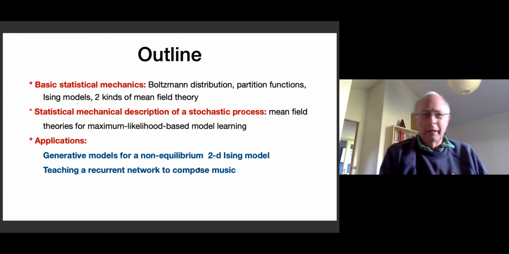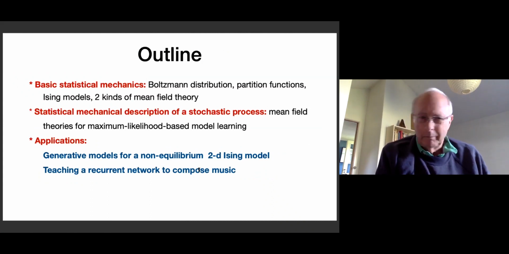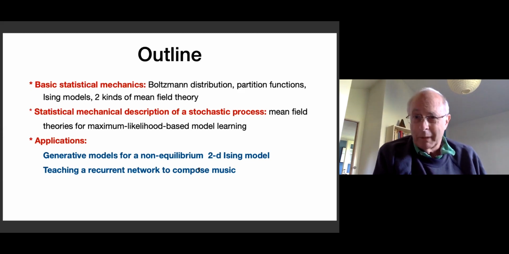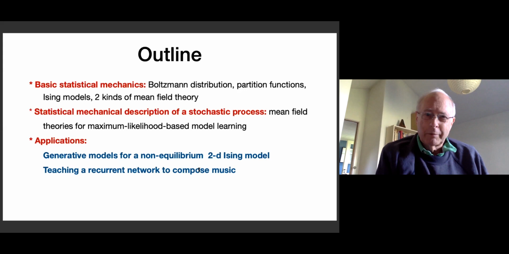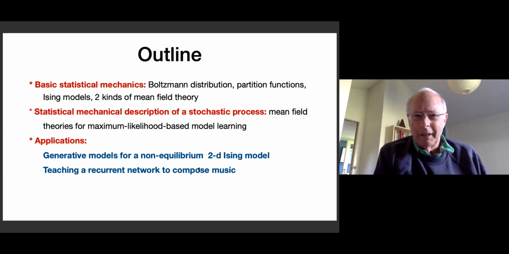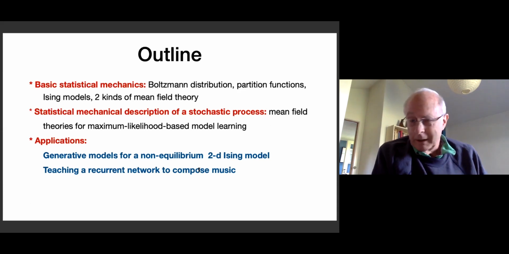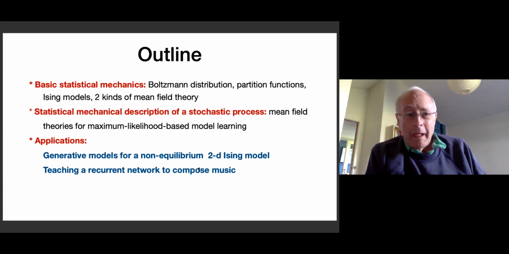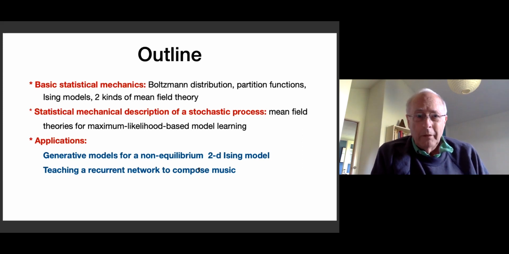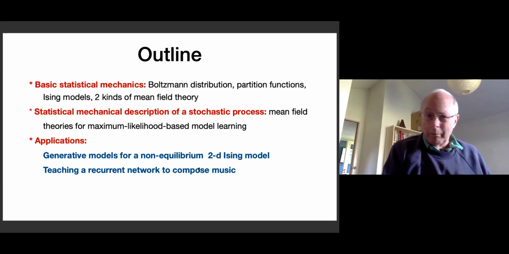Okay, so here's a quick outline. The first bit is just going to review the fundamentals of statistical mechanics. Now, I put this in when I was preparing this because I didn't know how many people would have physics backgrounds and especially statistical physics backgrounds. So I'm going to start from the first chapter of Genesis here. Normally statistical mechanics, if you don't specify it further, you're thinking of equilibrium things like the Boltzmann distribution, and I'll talk about partition functions, Ising models, and mean field theory.